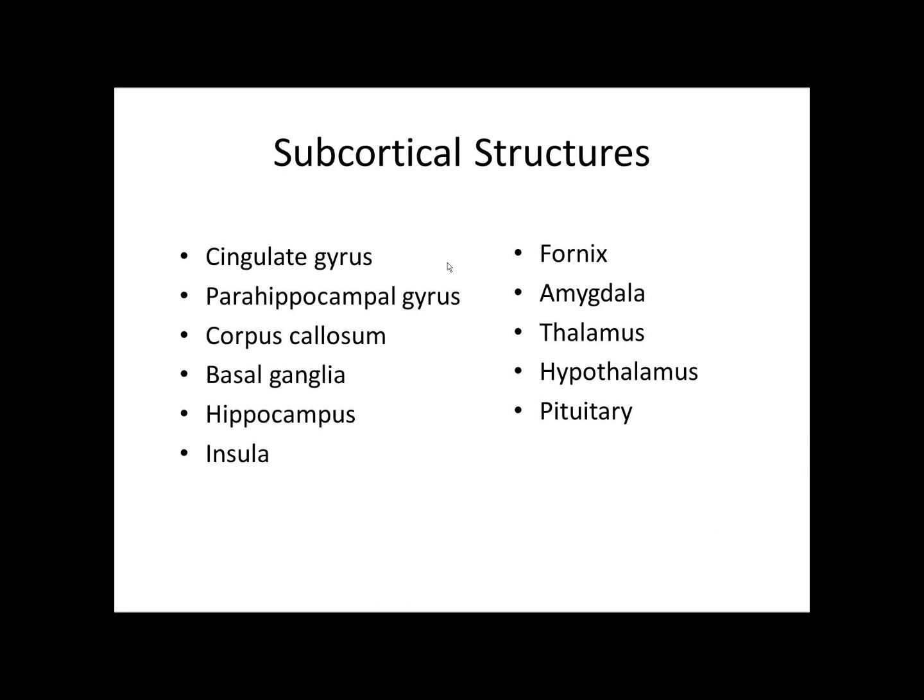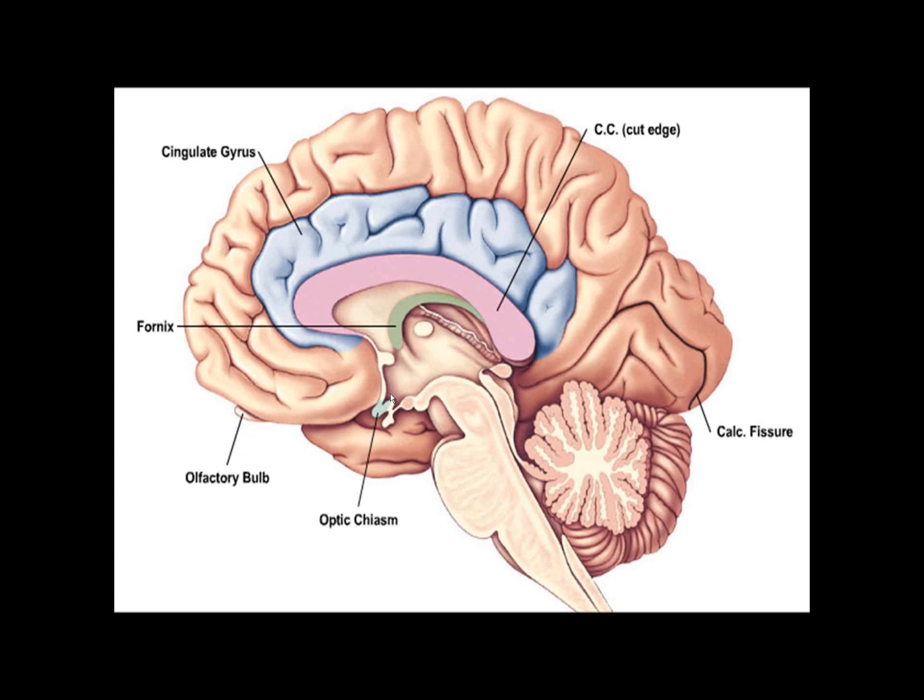Now, when we get to subcortical structures, we have structures including the cingulate gyrus, the parahippocampal gyrus, the corpus callosum, basal ganglia, hippocampus, insula, fornix, amygdala, thalamus, hypothalamus, and pituitary, and we'll go through those one at a time.